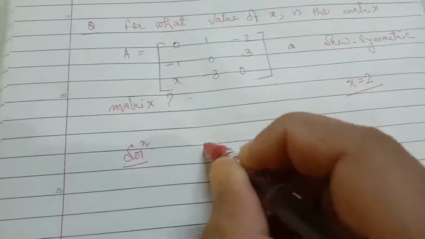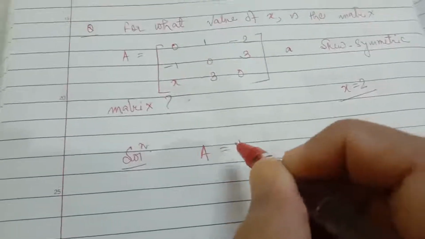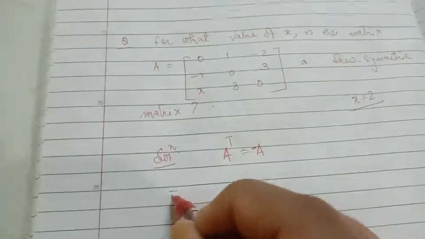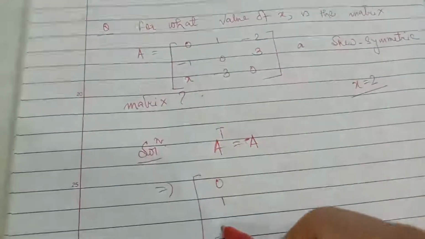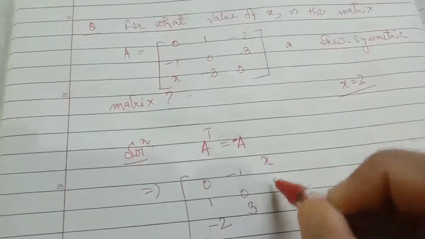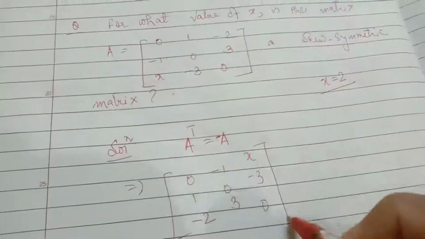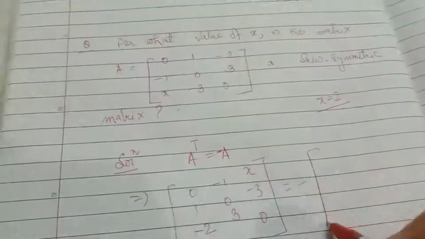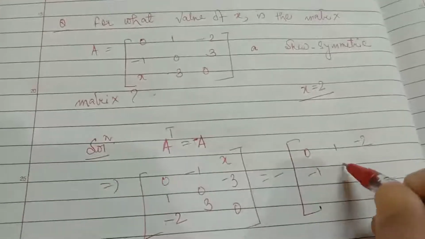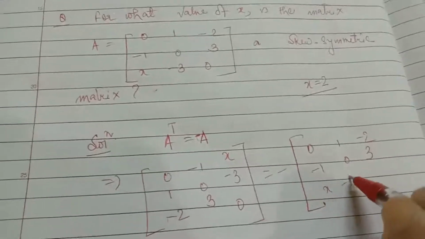But how will you write the solution? Given A is skew symmetric, so A transpose is equal to minus of A. A transpose is, we write the first row as first column, second row as second column, third row as third column, and that is equal to minus of A. A is this matrix: 0, 1, minus 2, minus 1, 0, 3 and x, minus 3, 0.